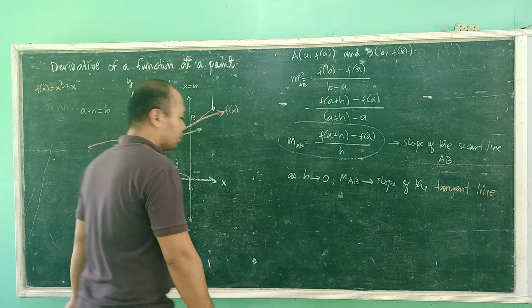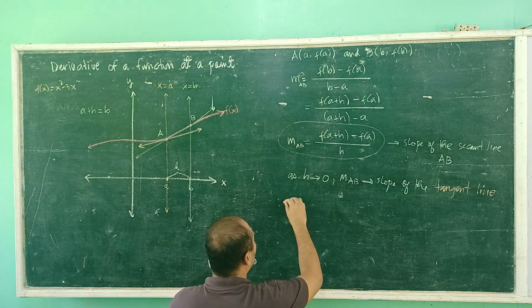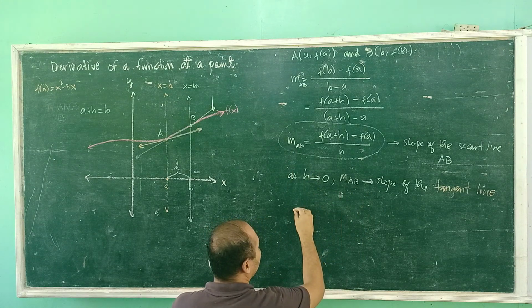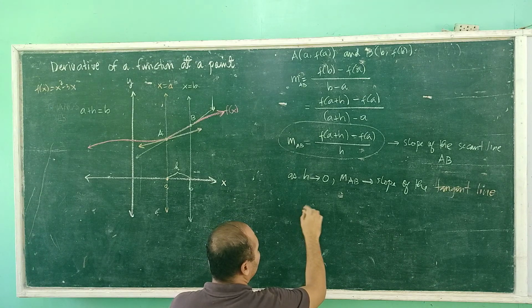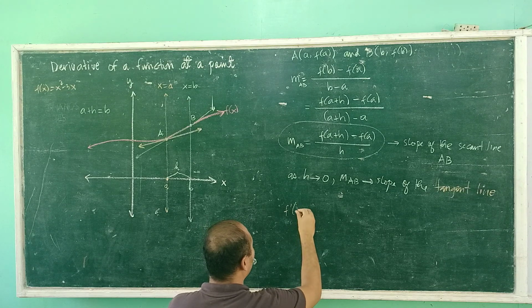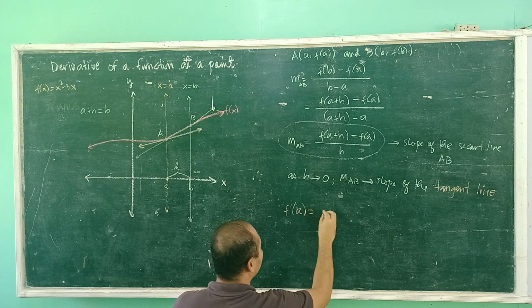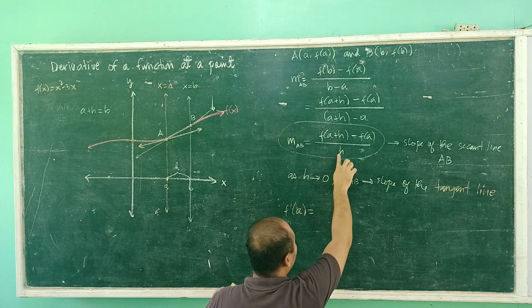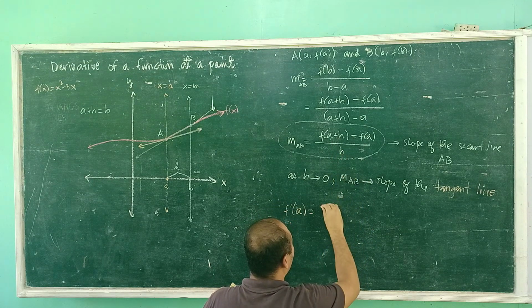So mathematically, we may write this slope that we define as, let's say, f prime at a. This is just, you have here f, the slope of the tangent line. You just make h approach 0.